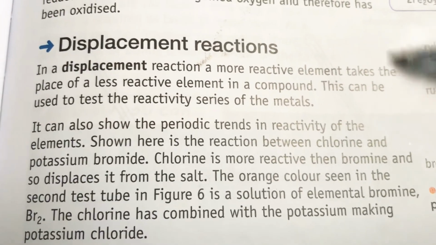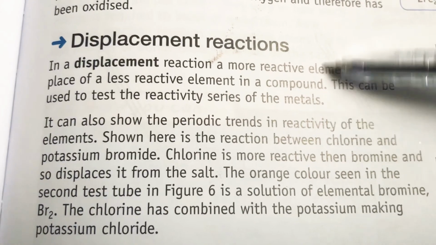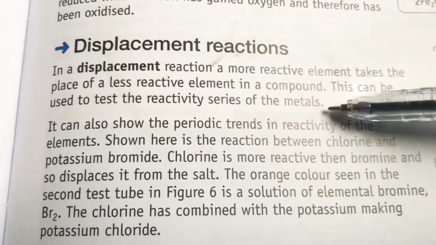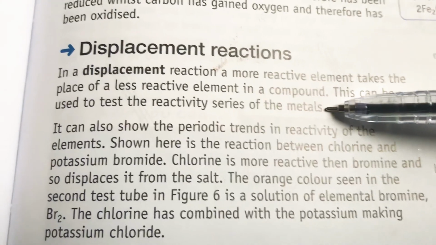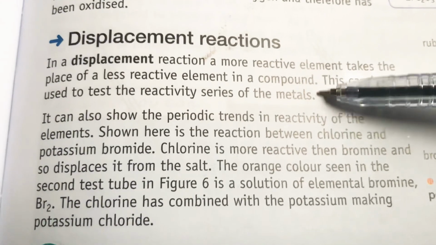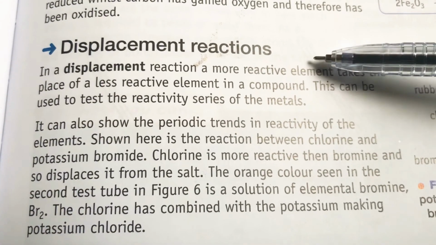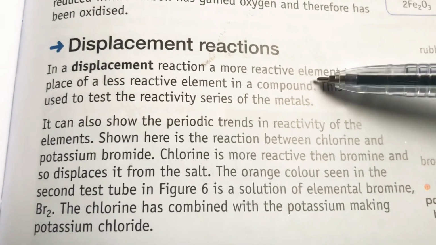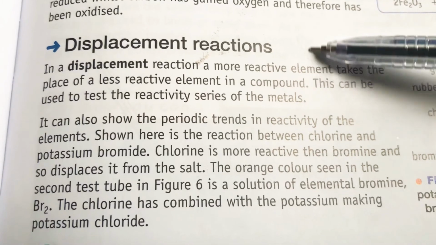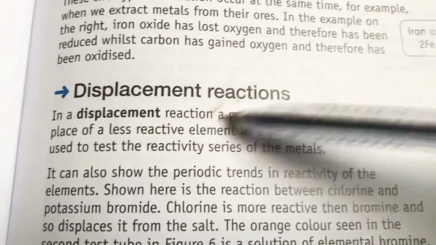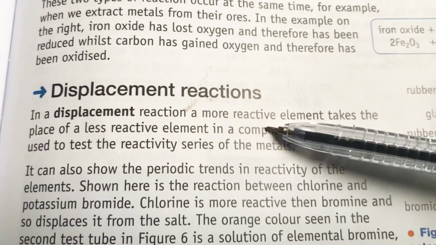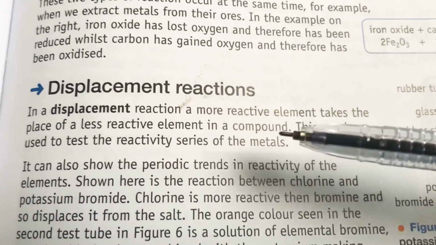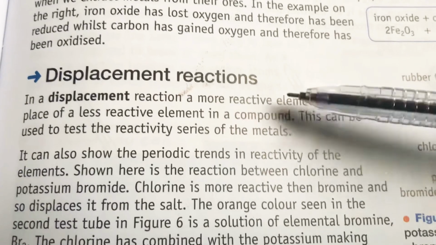Now, in GCSE, you can also go on to talking about how non-metals, such as the group 7 elements, can also be shown to form a reactivity series. But for now, I want you to make sure that you understand that displacement reactions are something that you can use to classify a type of reaction.